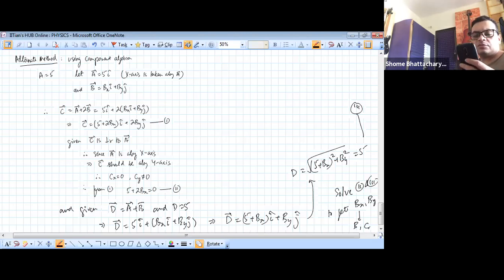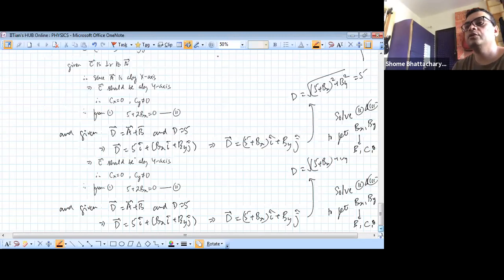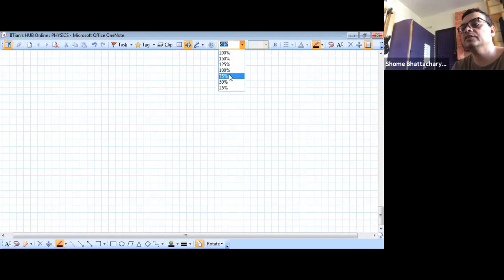Okay, so note this down and come to question number 10. Oh, sorry, 10 is done. Questions 11 to 14, which are based on the same diagram. So I'm leaving the solving of this for you to do yourself. Try it out and let me know if there's any difficulty later.